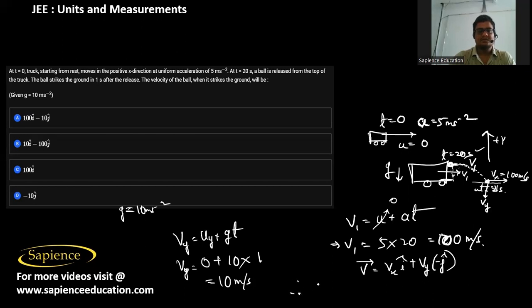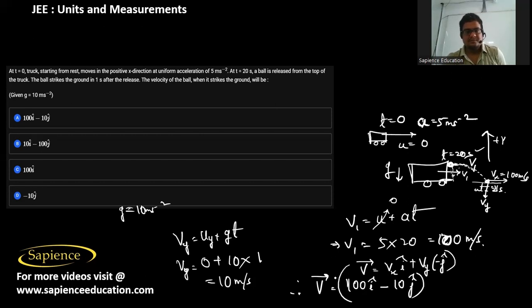Therefore, the velocity of the ball when it strikes the ground, that is v1 only, is 100 i cap minus 10 j cap. So this will be the velocity of the ball with respect to the ground.